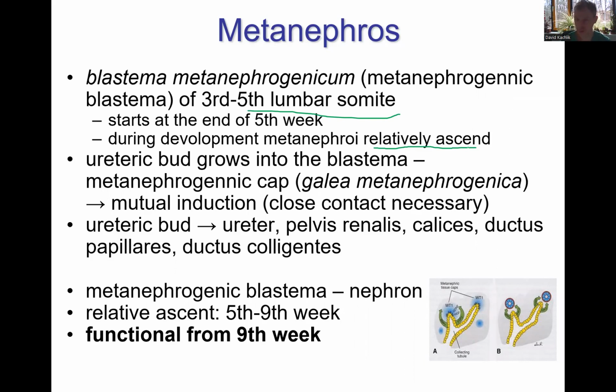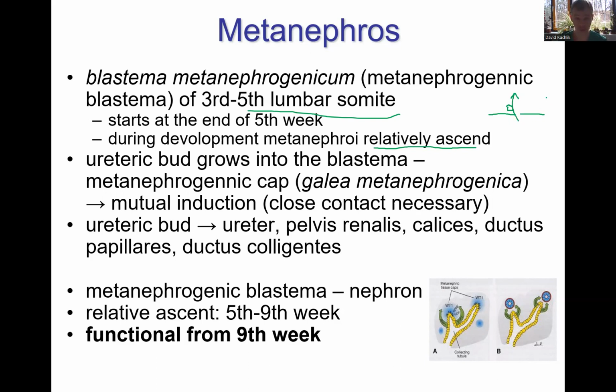So the kidneys are moved up, and they are stopped at the level of the superior mesenteric artery, because at that level the kidney arteries, which are to the sides, just meet the superior mesenteric artery origin, and they cannot ascend up. So they stop here, so they are finally at the level of L1.